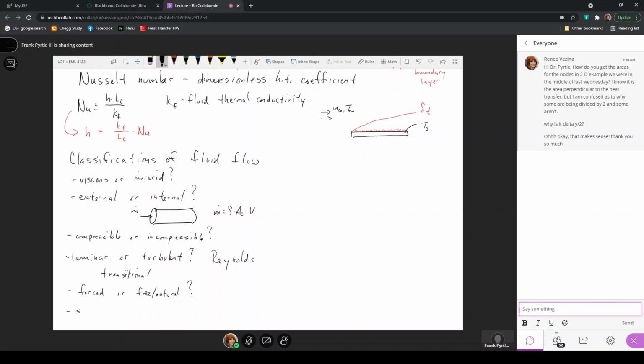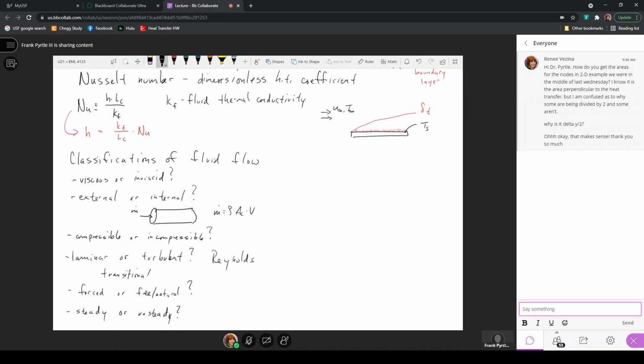And we also have steady or unsteady flows. Now, if we're talking about a steady flow with regard to the velocity, it says the velocity is not changing with respect to time anywhere.